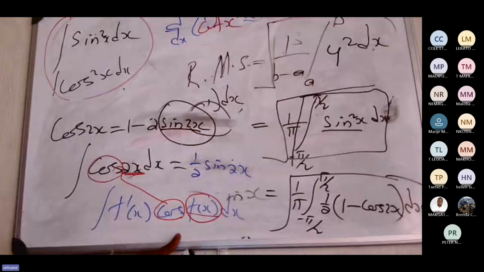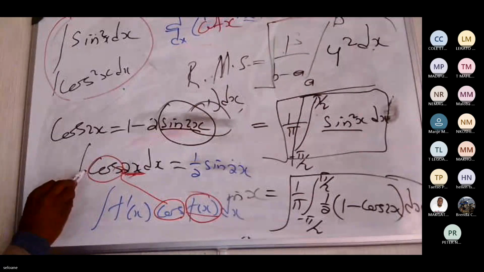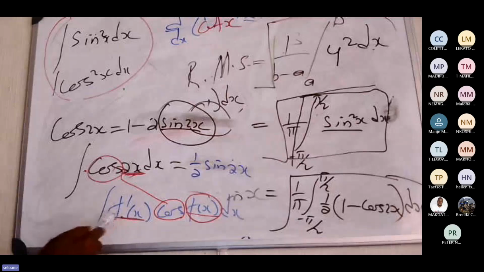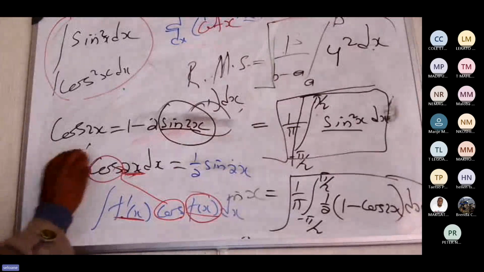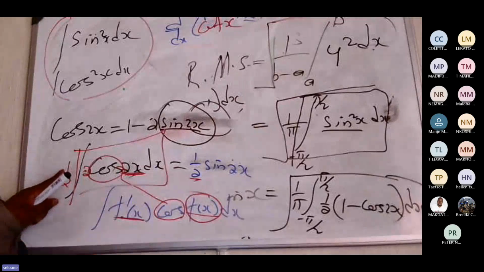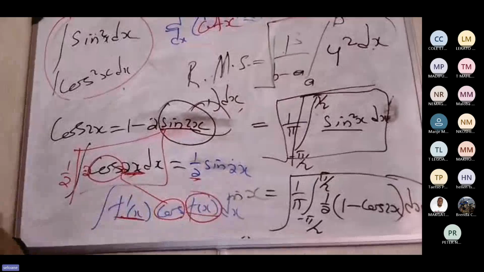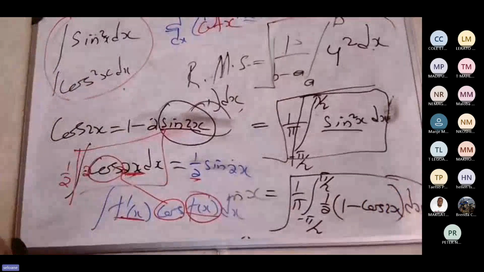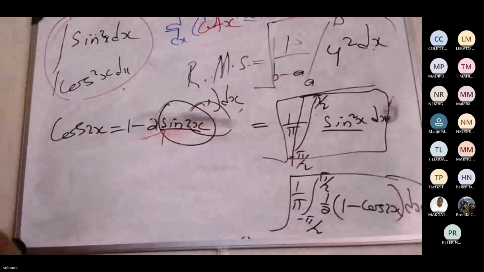Therefore, according to this formula, you need the derivative of 2x here, which is 2, then you write half outside. Therefore the answer will be half sine 2x. Now from here, you can just go straight to the answer.